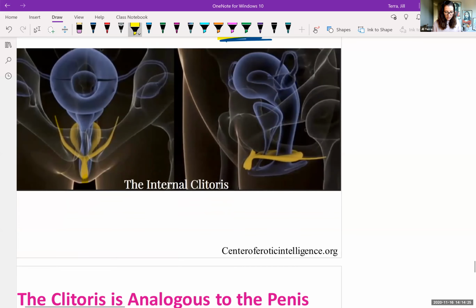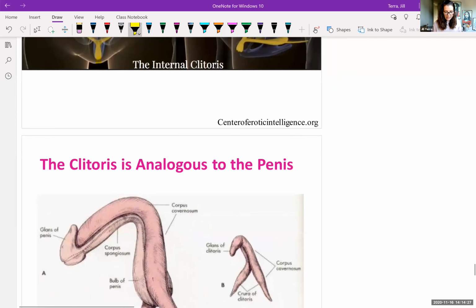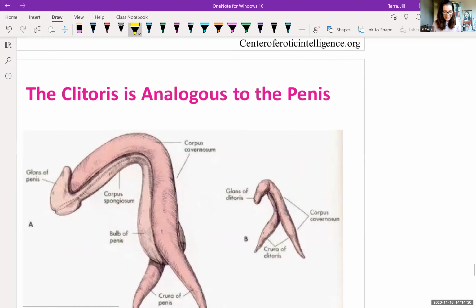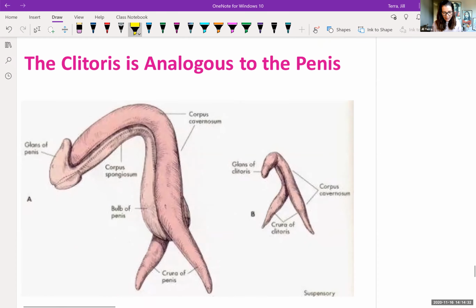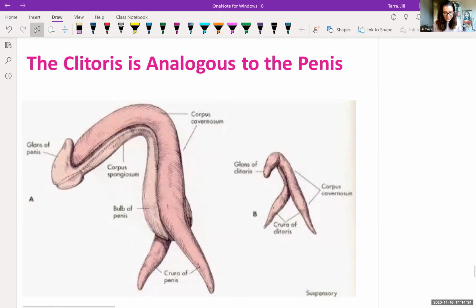And literally, I'm telling you that the clitoris is analogous to the penis. Oh, I still laugh. I can't help it. Because this is hilarious. All right, so here's the glans penis, which is analogous to the glans clitoris. And here we see the corpus cavernosa.